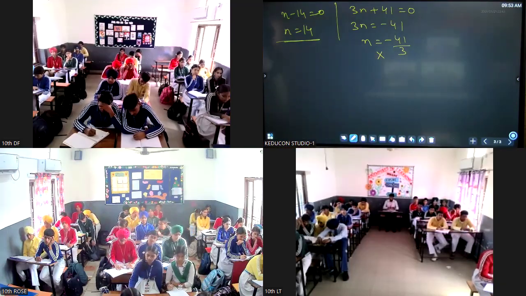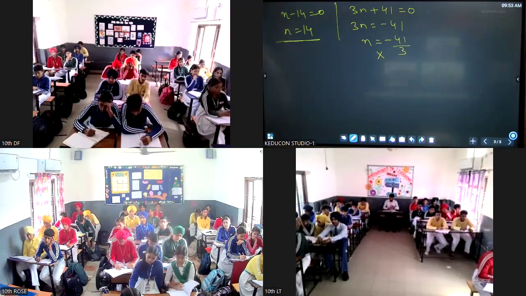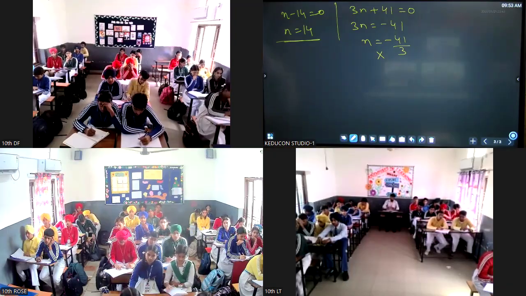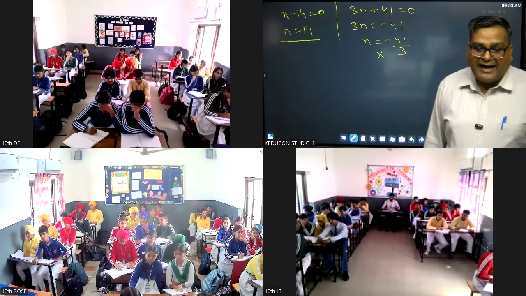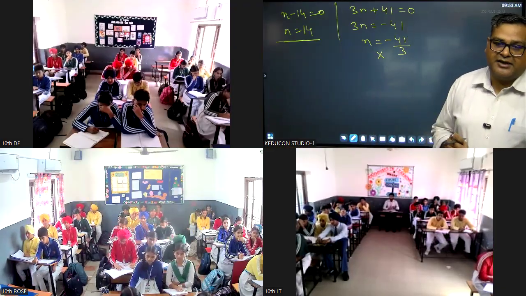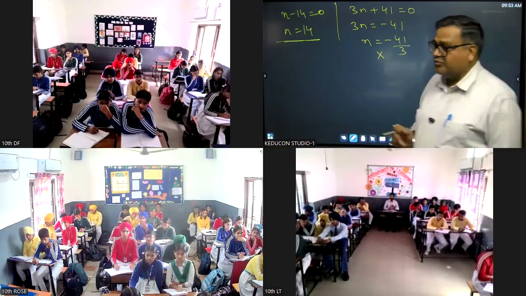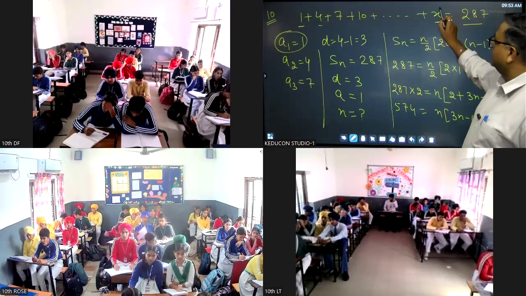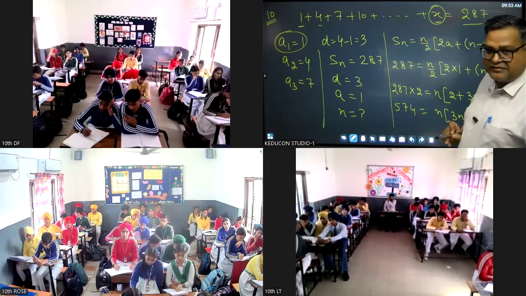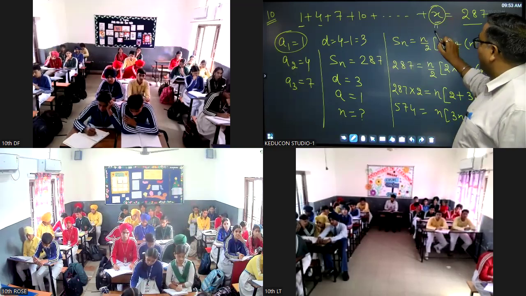Any doubt till now, students? Any doubt? So the value of n comes out to be 14. This means x is the 14th term of the AP. Since x is the last term of the AP, this is the an.